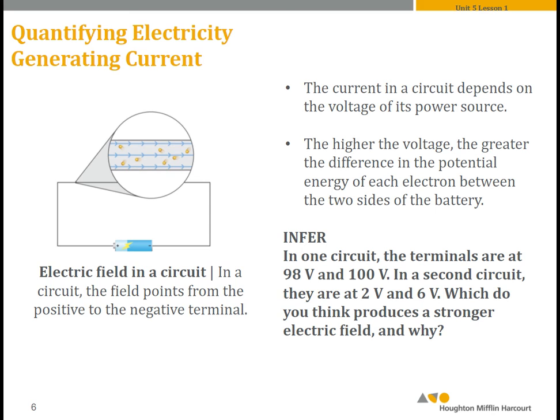It's going to have more difference in energy than a ball that rolls down a 2-meter incline that's at the top of Mount Everest, right? So what's important is the difference between the two terminals. It's not the absolute voltage.